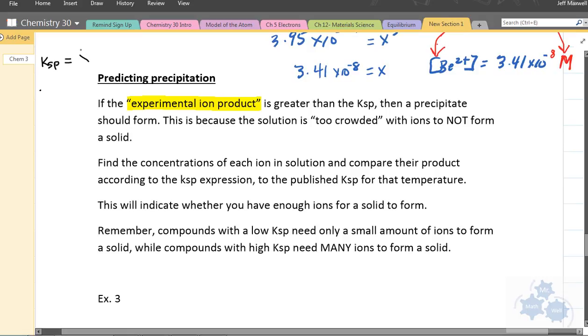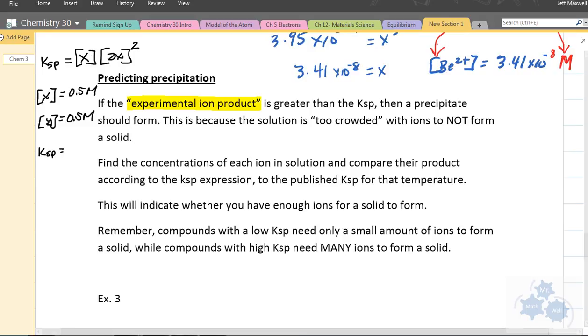Let's say it's the concentration of X and the concentration of 2X squared, something like that. What you would do is in the lab, you would look at the concentration of X. Let's say it equals 0.5 molar, and the concentration of something else, Y. Let's say it is also 0.5 molar. And so you have a Ksp according to this equation. And I should change this just so we're not too confused.